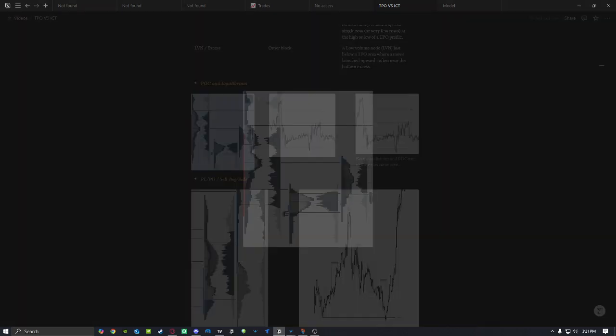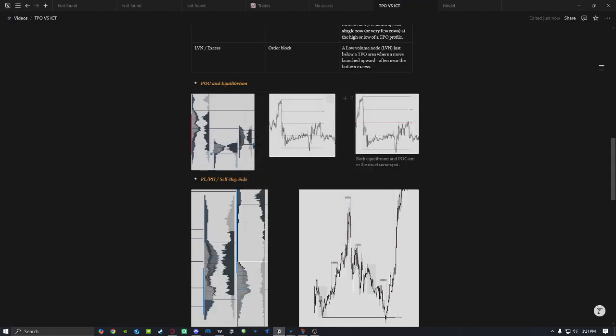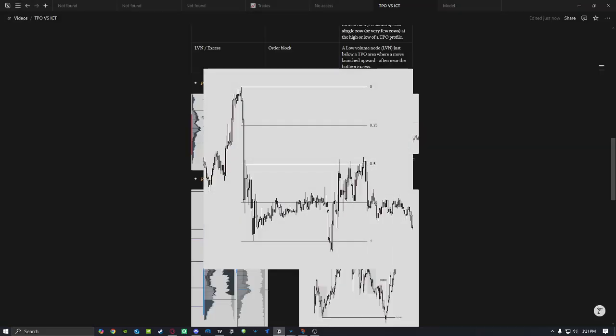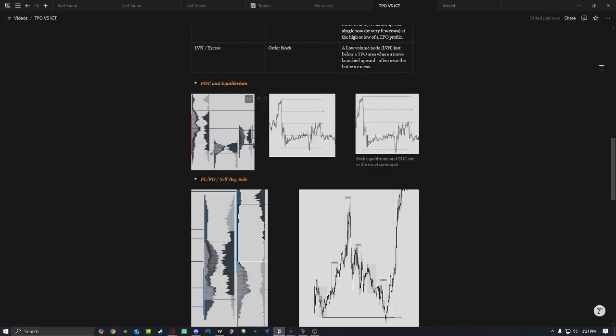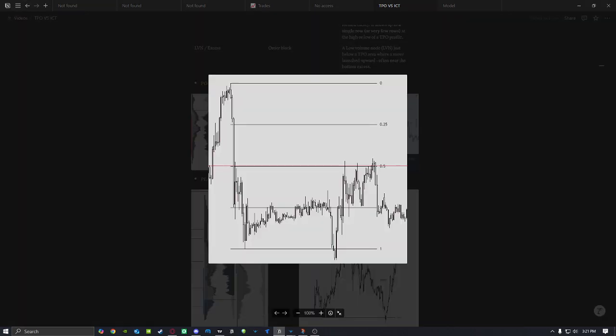And the crazy thing is that the POC, where the most time was spent and the most volume traded, is right here, and you can see that they kind of match. They match so much that they're almost on the exact same line, which is crazy. So the red is the POC and the 0.5 is the equilibrium.